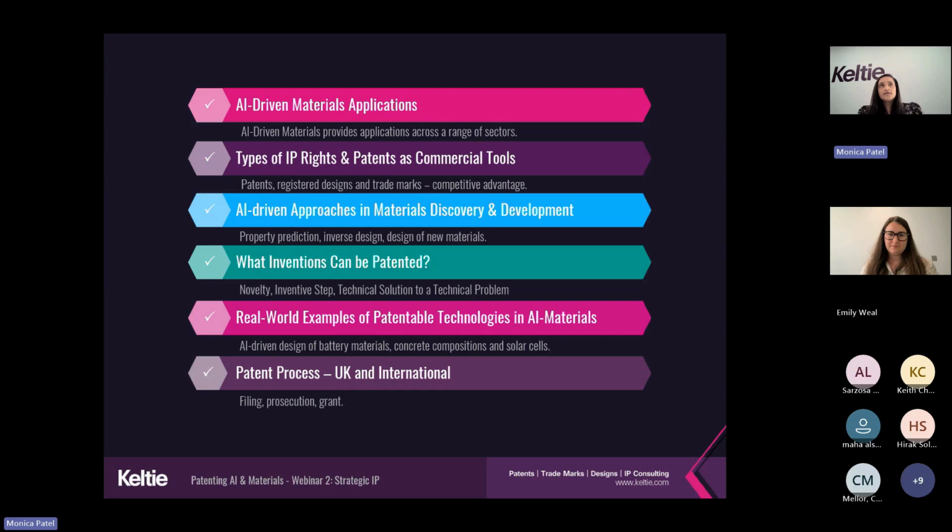We covered types of IP rights and using patents as commercial tools. So as a brief recap, the main IP rights that we talked about were patents, registered designs, and trademarks. And then we covered a bit about AI-driven approaches in materials discovery and what that means. So there was a little bit about property prediction and inverse design, and then actually designing new materials using AI-driven methods.